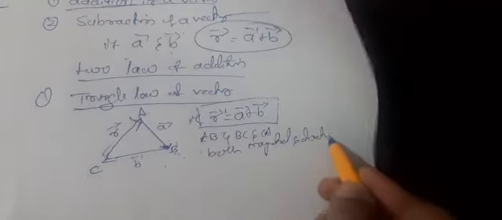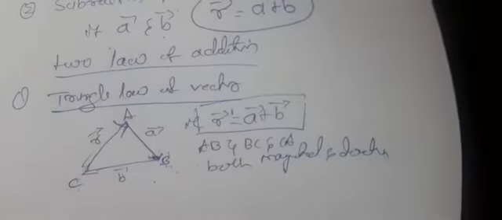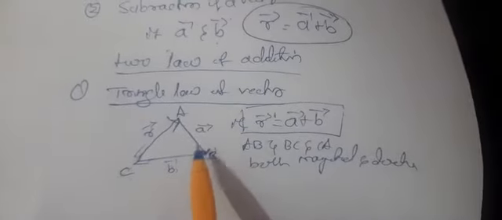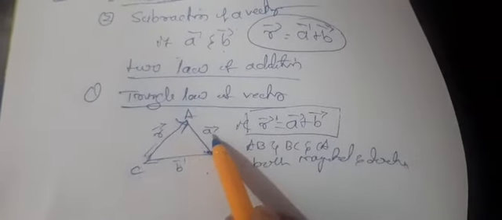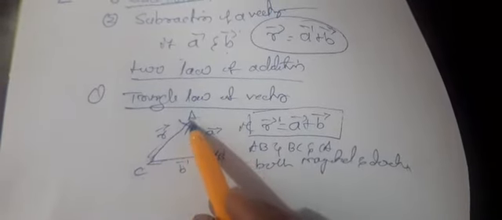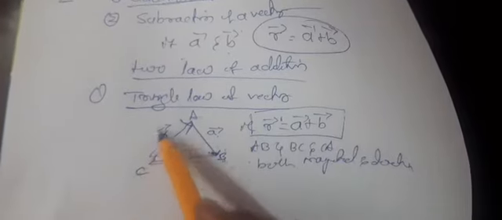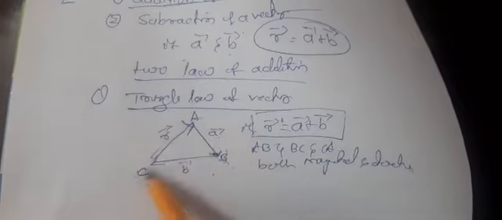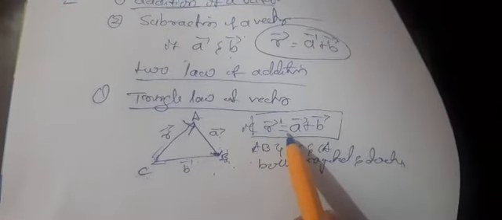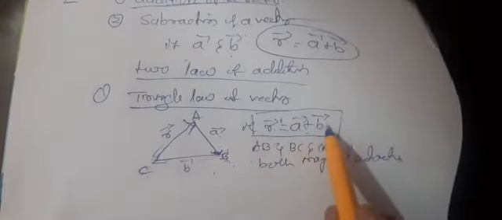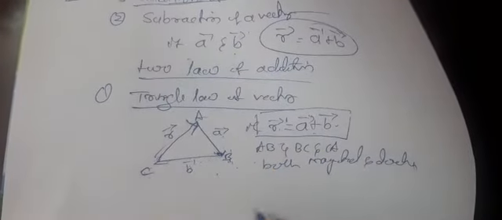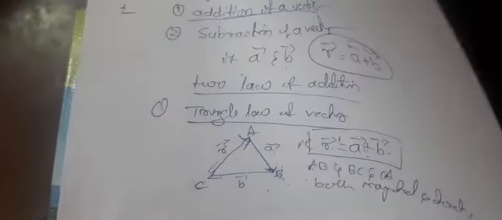Each side can be represented by both magnitude and direction. Vector A is the length of AB, vector B is the length of BC, and vector R is the length of AC. That is given by vector R equals vector A plus vector B. That is the statement and explanation of the triangle law.